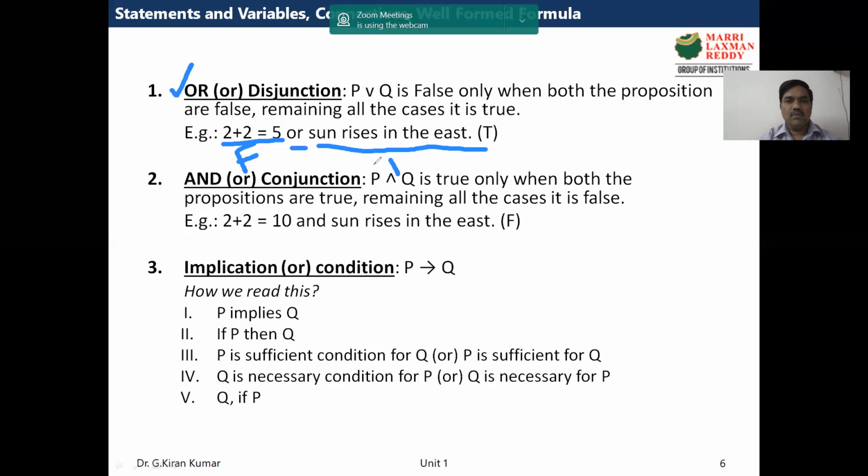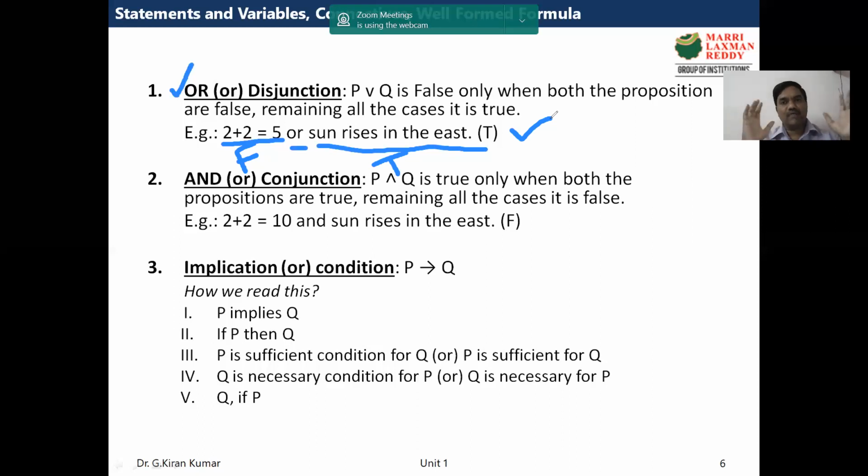So please recollect the truth table. It is false or true, and false or true is true. So 2 plus 2 equal to 5 or sun rises in the east together is true, because the connective involved is or, and out of the two propositions, one is false and the other one is true. Therefore it is overall true.